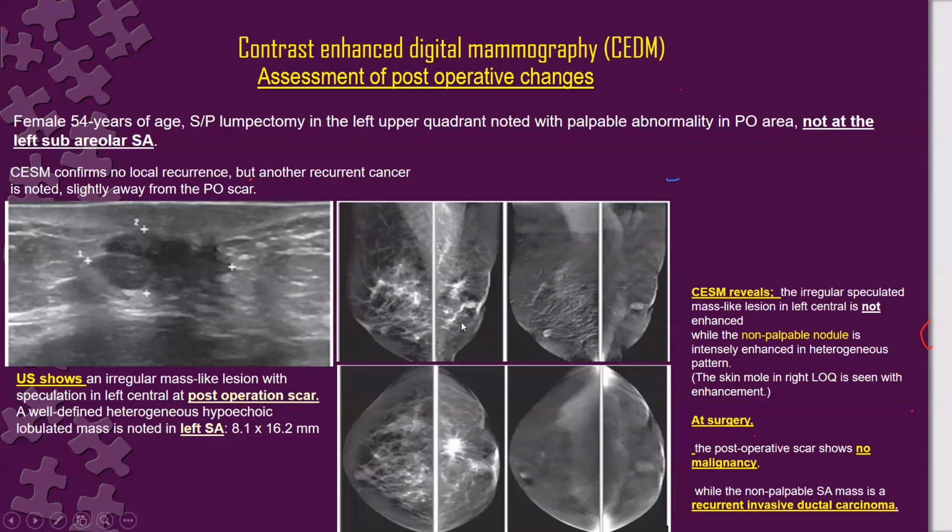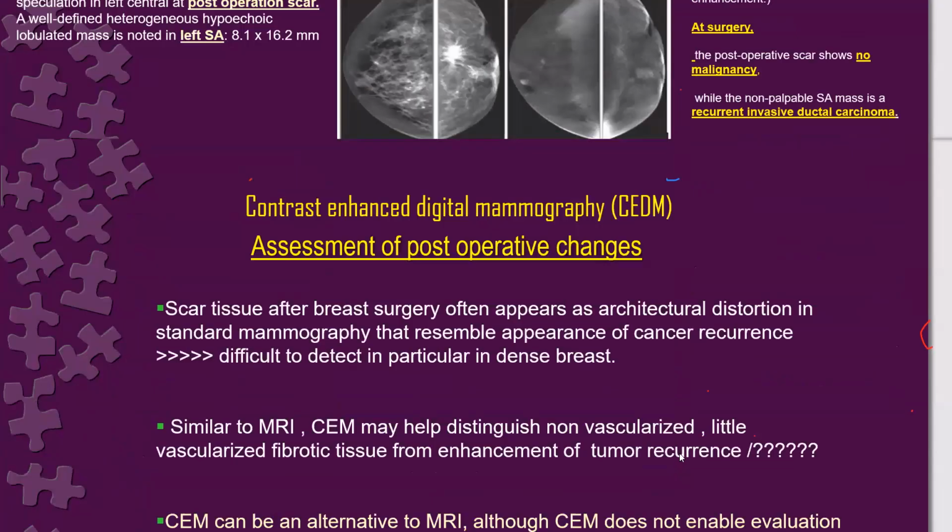Going back, you can see here area of asymmetry on the low energy image, and this area was proven to have no evidence of malignancy, but that one was proven to be recurrent invasive carcinoma.